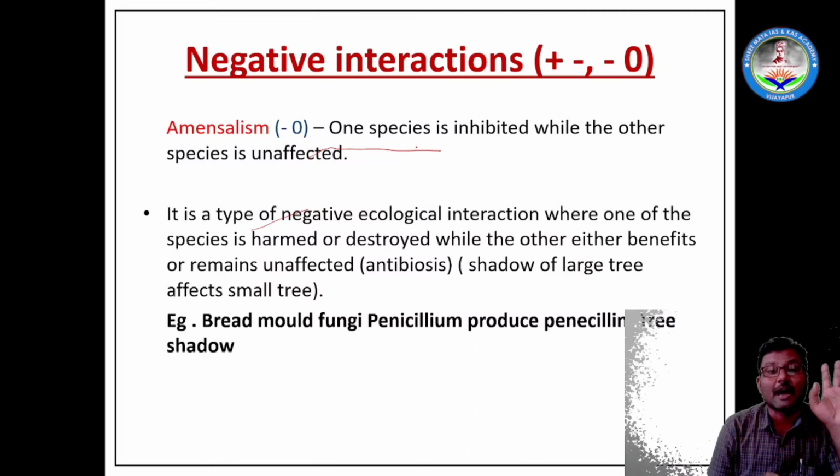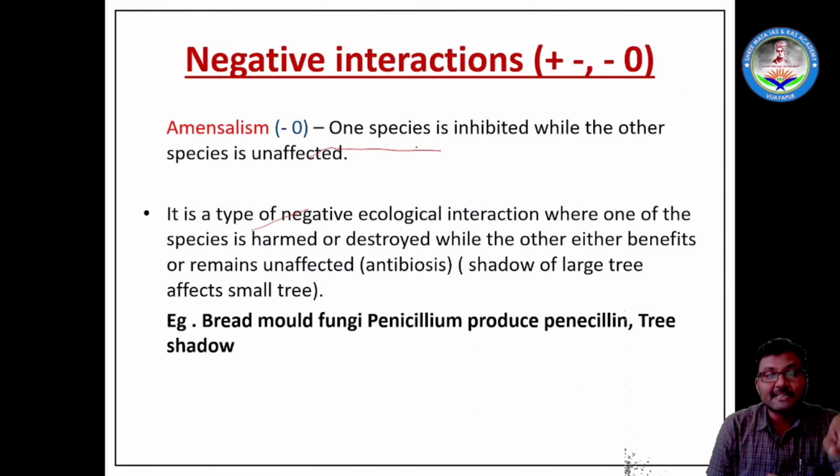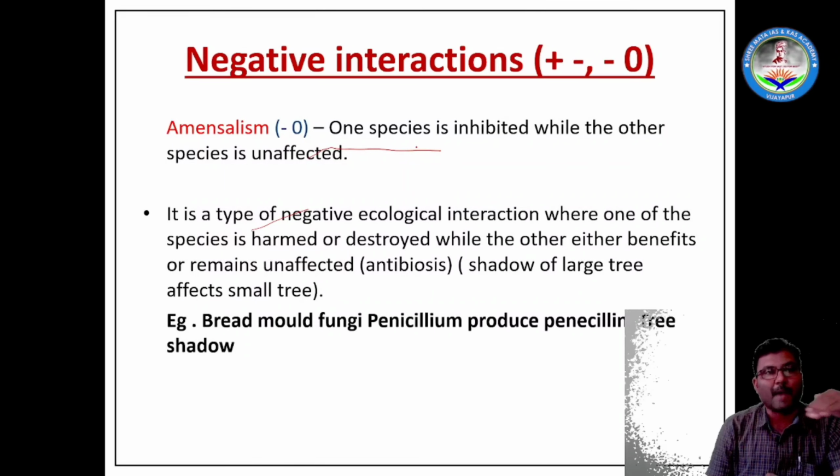That is called amensalism. It is a type of negative ecological interaction where one of the species is harmed or destroyed while the other either benefits or remains unaffected. This is also called antibiosis. An example is the shadow of a large tree affecting a small tree. You have seen the barren ground below the big banyan tree.